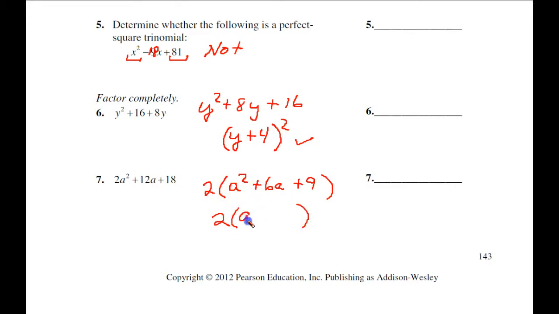Take the square root of a squared, gives us a. We're going to use that middle sign. What is half of 6? Is 3. And don't forget to put the quantity squared. Then check it. Square this, multiply these, double it, square that. Yep, this checks too.